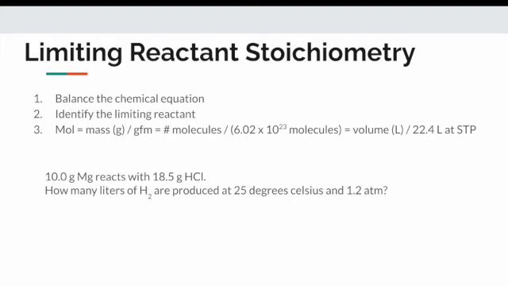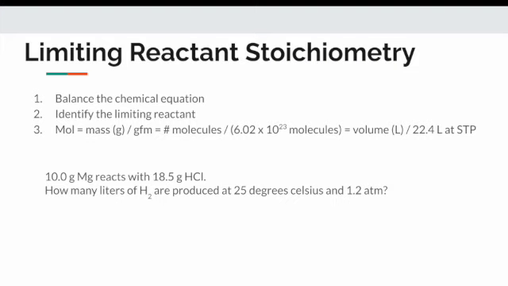Now, the way you do these problems is you're going to want to find the chemical equation balanced first, and then from there, you can use proportions to identify the limiting reactant, and then with the proportions side of this, you can use the proportions that are written on the screen, where a mole of a certain substance is equal to the mass of that substance in grams divided by the gram formula mass.